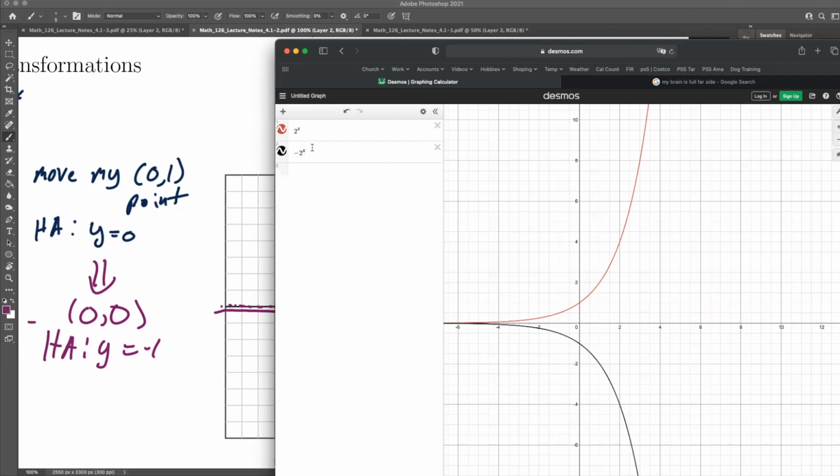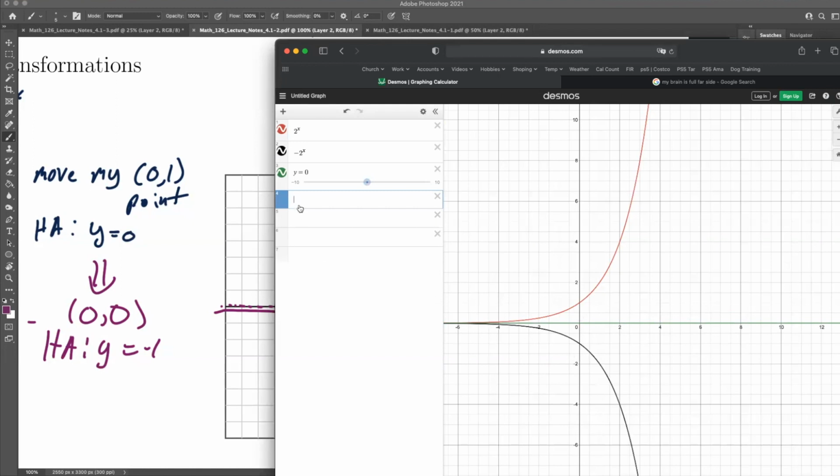So the negative, remember, we're squaring the 2 and then negating it. That's what we're doing. So here I've taken this point and I flipped it up here, and my asymptotic line, y equals 0, has not moved, right? It just hasn't in this case.